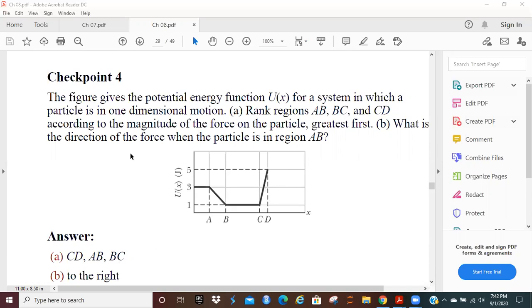So what is the direction of the force when the particle is in region AB? If we're in the region AB, that means our potential energy is decreasing. If our potential energy is decreasing, what's happening to our force? It should be increasing, right?